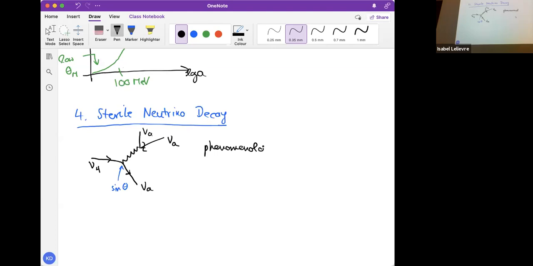Phenomenologically less relevant because order keV neutrinos are hard to detect.